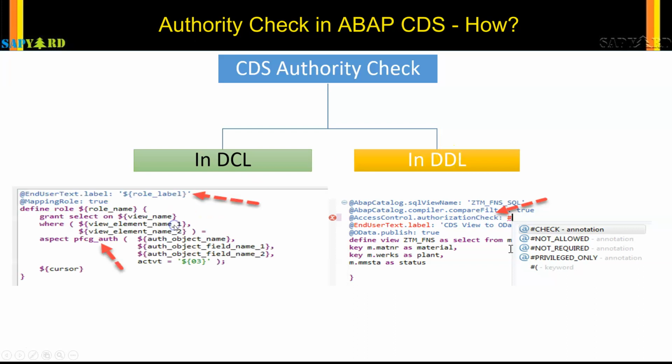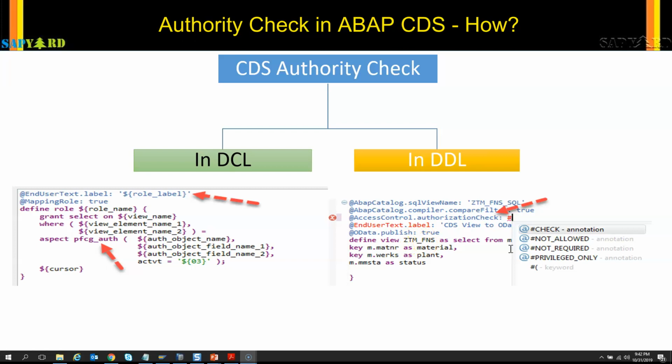Now in the DCL part, we will call the view. So here: define role, grant select on view name. In this case, the view name will be this view name, ztm_fns. This is the CDS entity view name. When we create the access control, we have to say which view you want to control the access for.